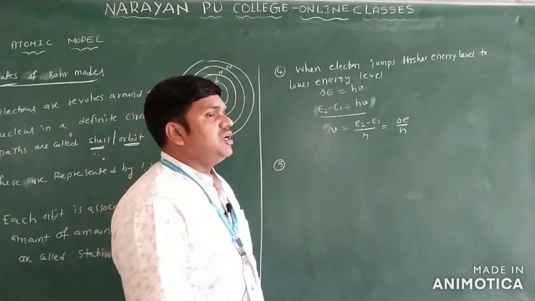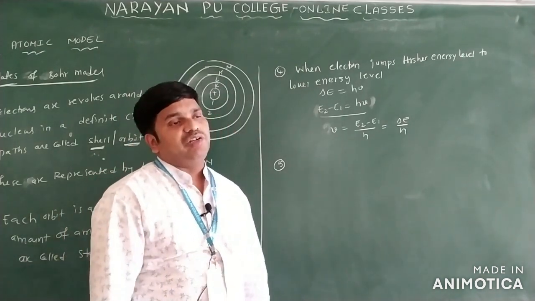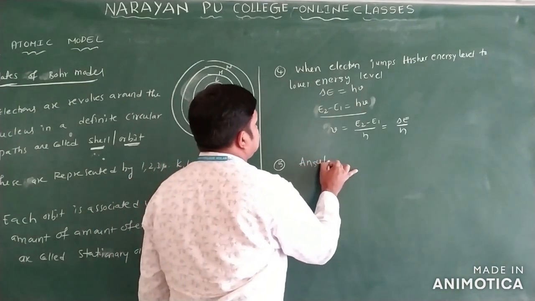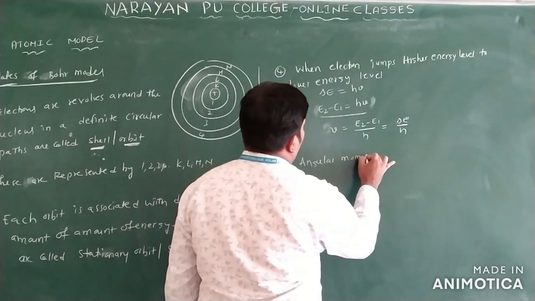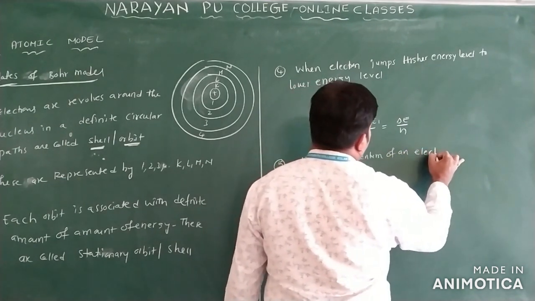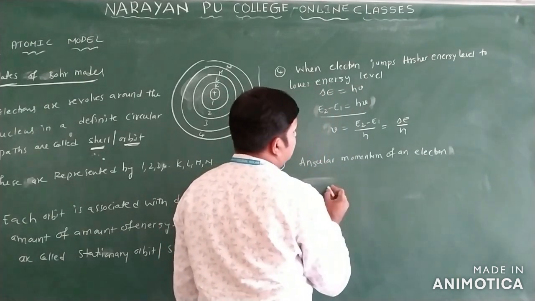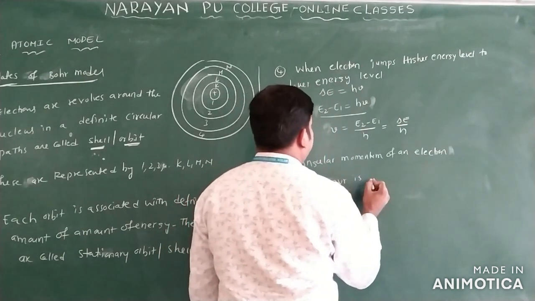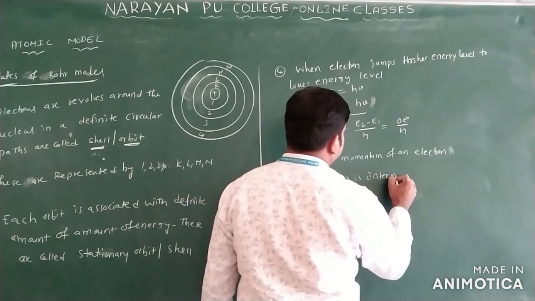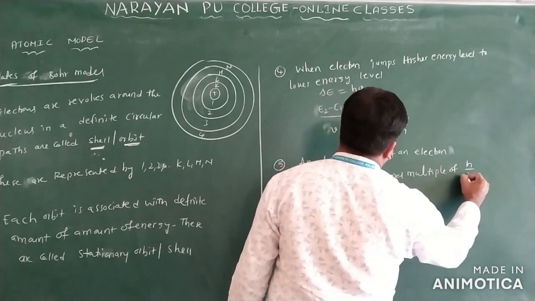So the angular momentum of an electron is given by a value which is an integral multiple of h by 2 pi. MVR, the angular momentum of the electron, is an integral multiple of h by 2 pi only.